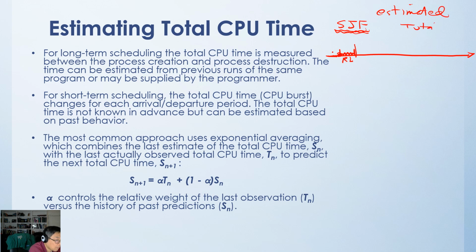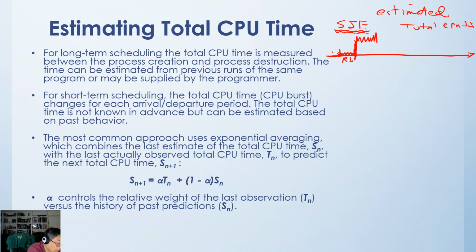Initially, when a process enters the ready list, you're going to assign an estimated total CPU time. Sometimes they randomly assign a number. For example, every new process is assigned a total CPU time like 10 seconds. Based on this number, the process starts to compete with the other processes. So it starts to run.